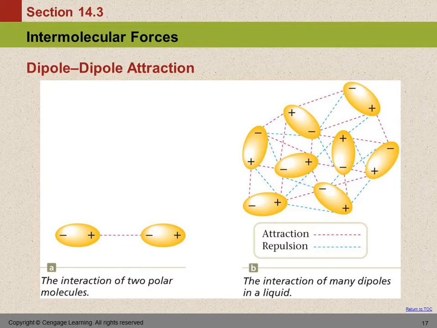And so when you get a whole bunch of them together, here these are color-coded, there are red lines and blue lines. The red lines are forces of attraction between opposite charges, and there are also forces of repulsion between like forces. So these two positive ends are going to repel each other, the positive and negative are going to attract each other.